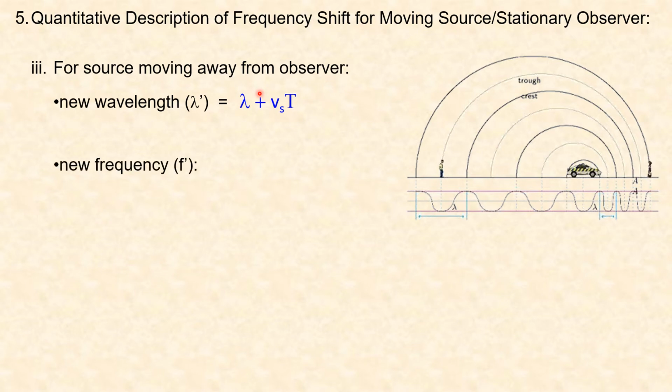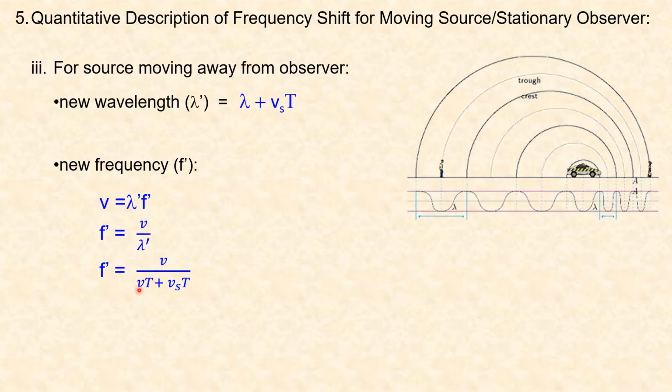We have an expression for the new wavelength. The new frequency comes from the wave equation. Solving for frequency, the wave speed being constant, we substitute in our expression for lambda prime. And remember the original wavelength lambda is just the wave speed times the time it takes for a wave to travel a distance of one wavelength, which is the period.